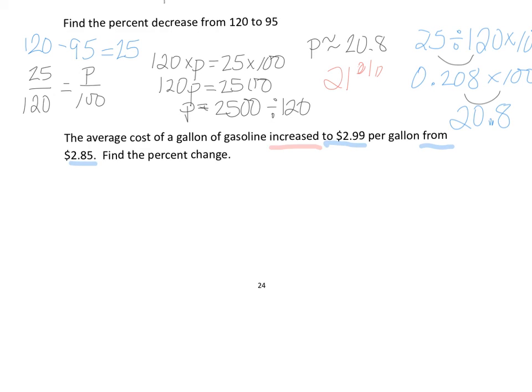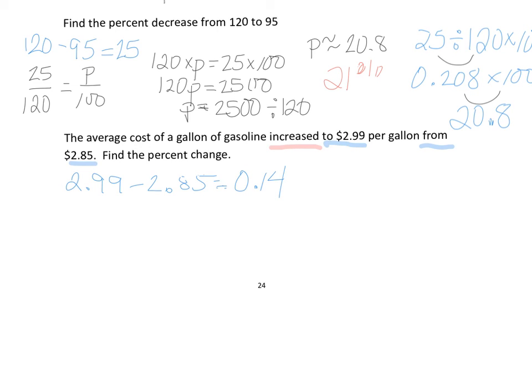So we go about knowing that the very first thing we have to do is subtract our numbers. That part's the easy part because all the subtraction's always been the larger number minus the smaller number. We haven't had to think about that at all. $2.99 minus $2.85 is going to give you 14 cents, which is 0.14.